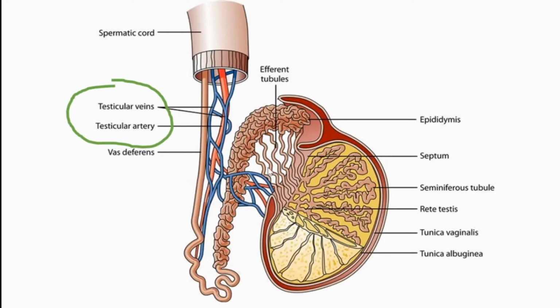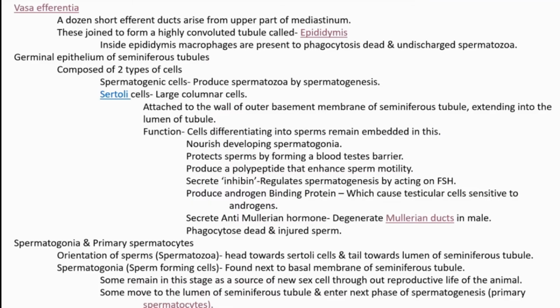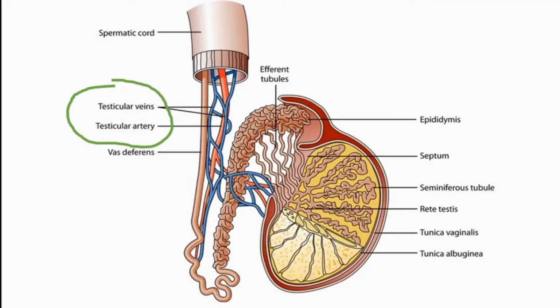So this one is the efferent tubule, vasa efferentia. Vasa efferentia originate from the rete testis and join with the epididymis, again a convoluted tubule. Vasa efferentia are a dozen short efferent ducts arising from the upper part of the mediastinum. Mediastinum also I have explained to you. These join to form a highly convoluted tubule called the epididymis. I have shown you, this is the epididymis.